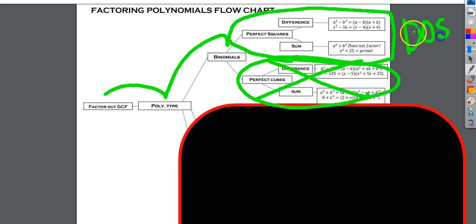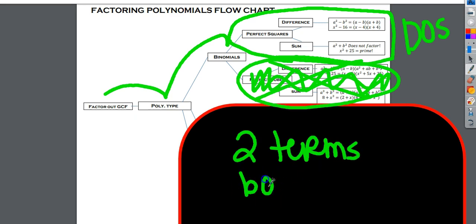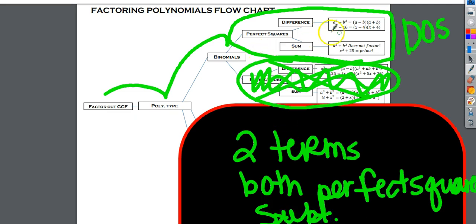And remember, for it to be a DOS, it has to be these things, which are 2 terms, both are perfect squares, and subtraction. Now, once you have figured that out, such as this one right here, which is x squared minus 16, then you can set it up with x minus 4, x plus 4.